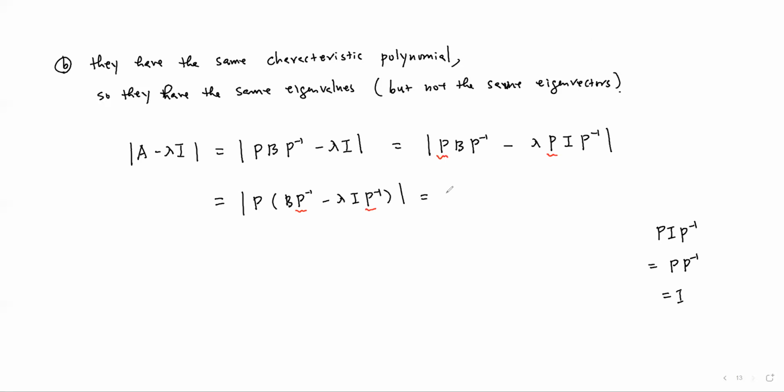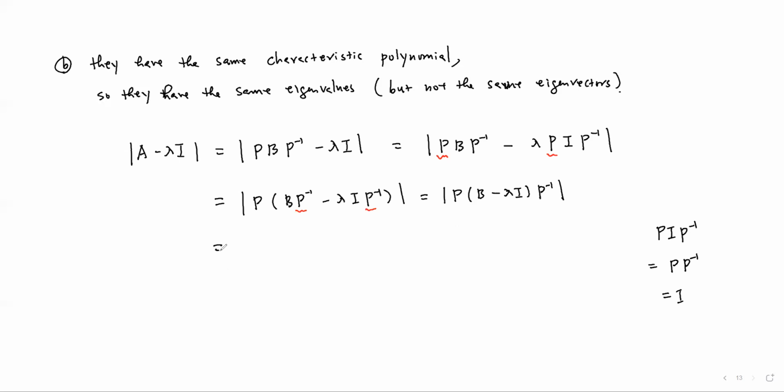So B minus lambda I, then P inverse. Take this guy out on the right side. Here. Don't put P inverse here. They are not equal.